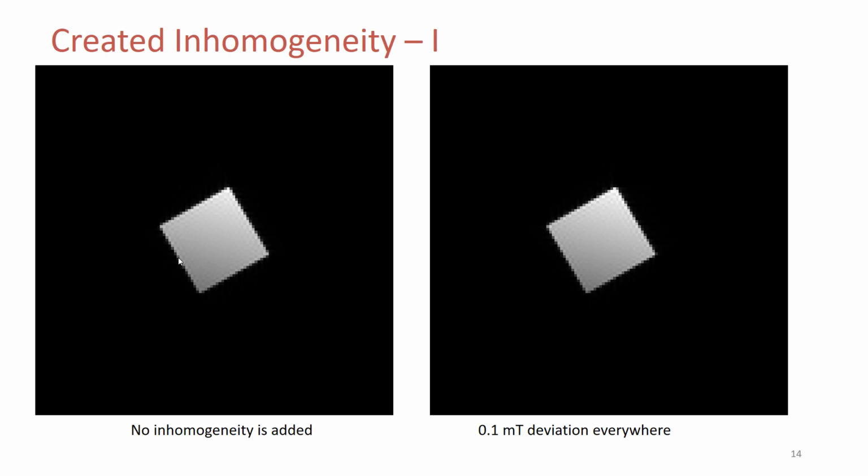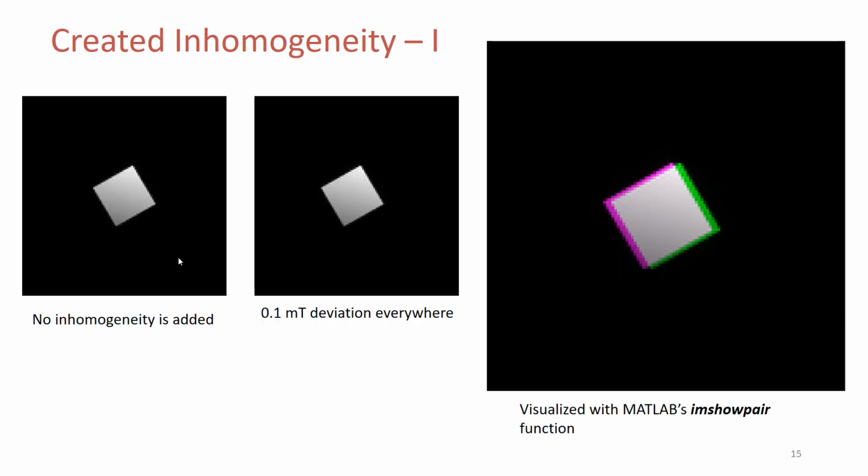In this slide, it can be said that there is no shift at all, but to see it better, I visualized the results with MATLAB's imshowpair function. This function takes two images as input and then displays the resulting image using the differences of the two images. So here we can see that there is a shift in the left direction.